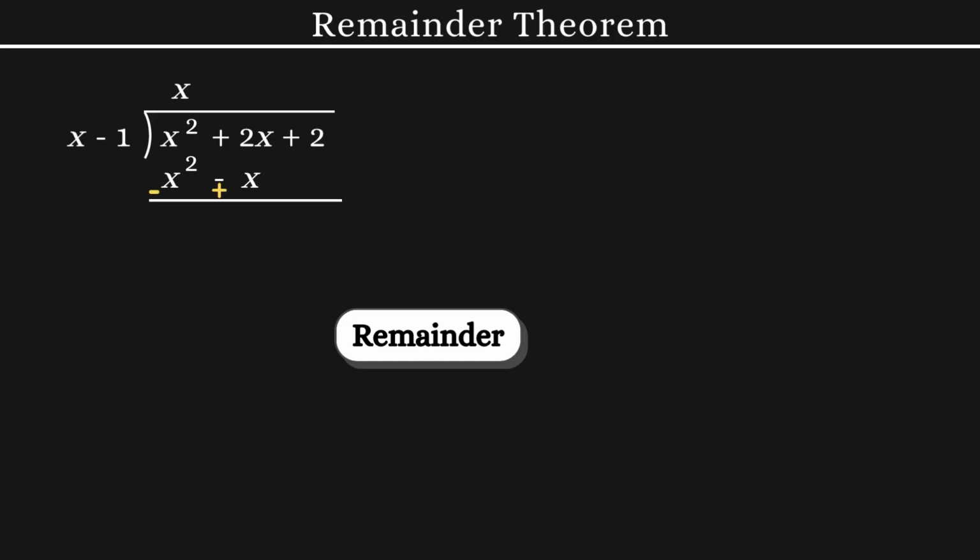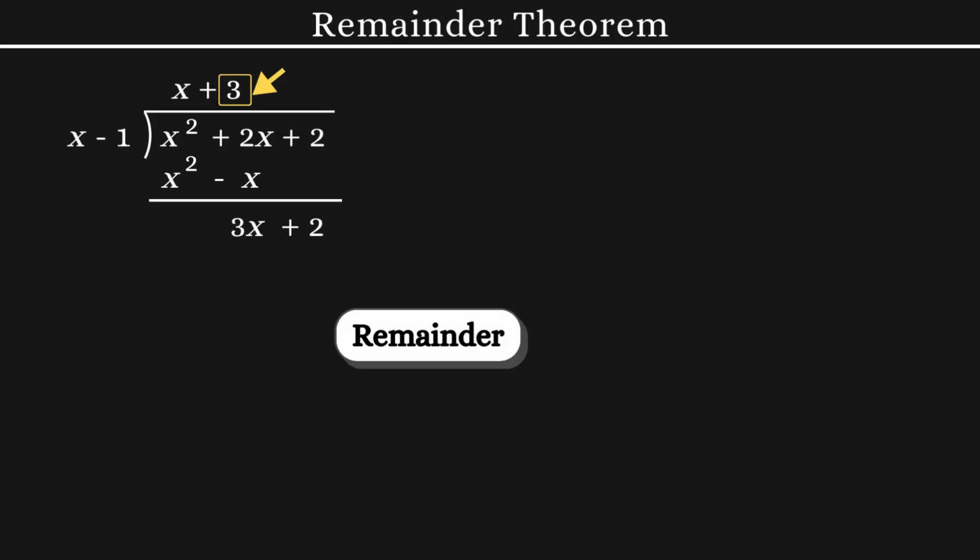On subtraction, x squared gets cancelled. 2x plus x becomes 3x. We'll bring down this 2. Now dividing 3x by x, we have plus 3.